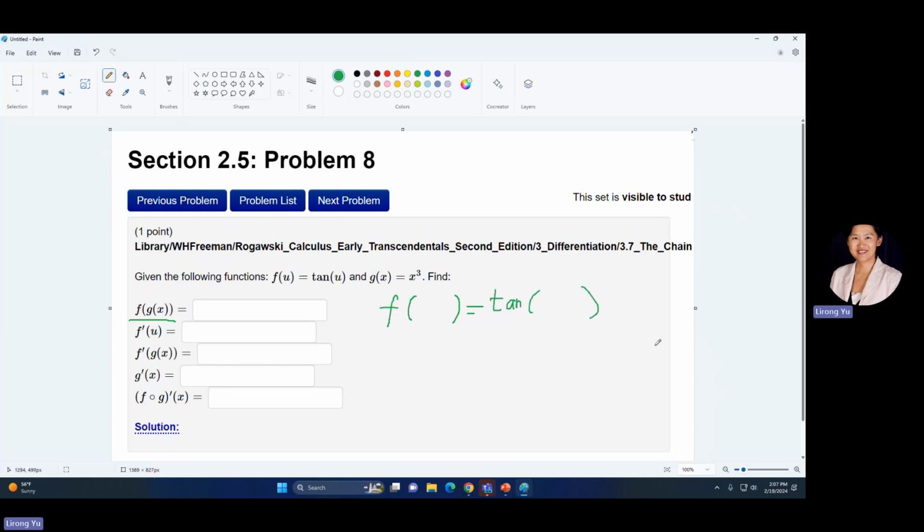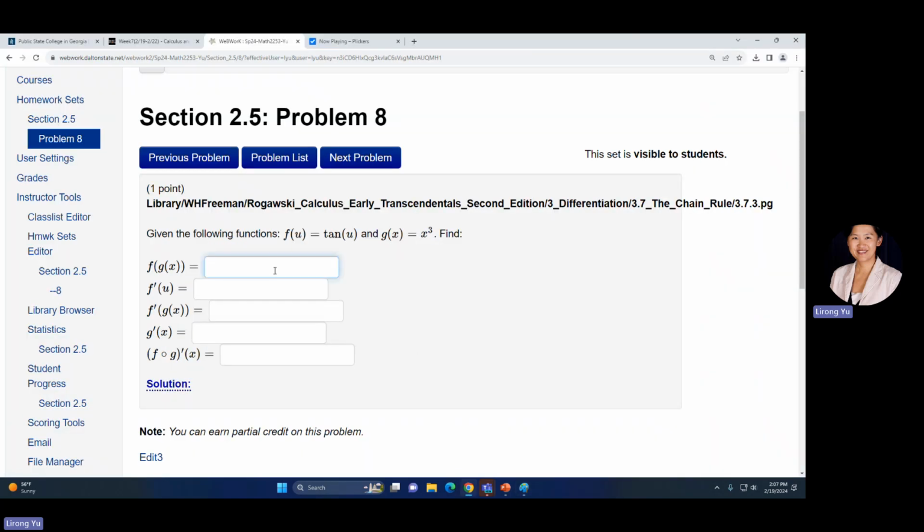Now we're putting the g of x in there, and the g of x is actually x cubed. So you're going to plug in x cubed in here, and also here. So the first question is the construction of the composition function. That's the first one. The answer is tangent of x cubed.